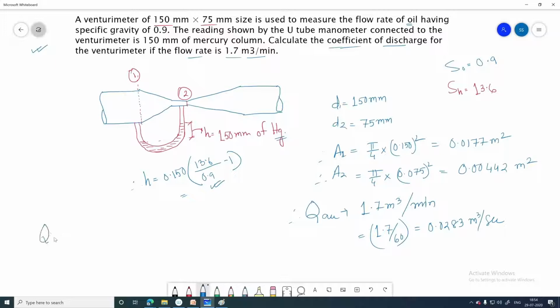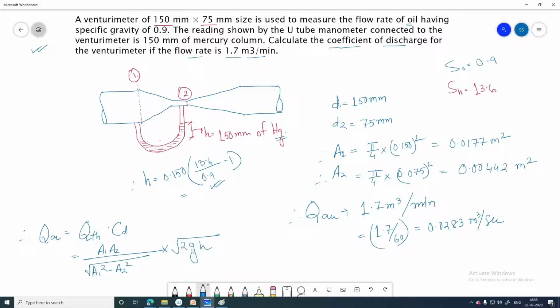So we write the formula to determine the actual discharge. So Q actual equals Q theoretical into coefficient of discharge, right? So we need to determine the value of the coefficient of discharge. So in place of Q theoretical we can write A1 into A2 by root over of A1 square minus A2 square into root over of 2GH.